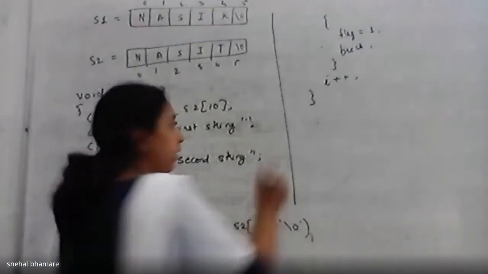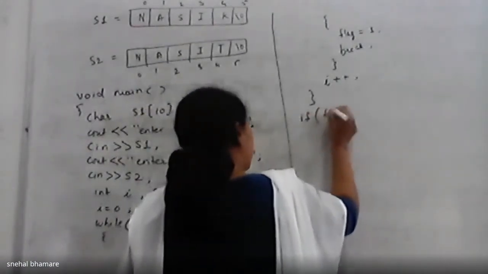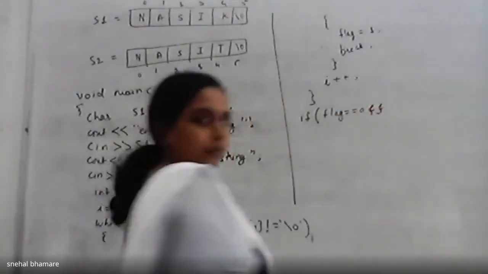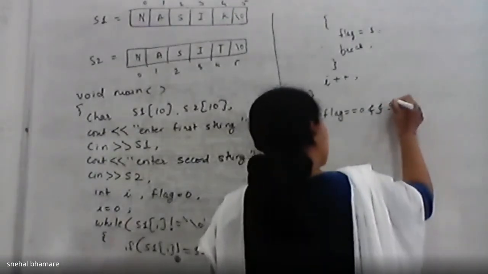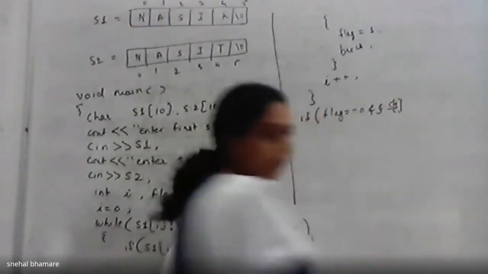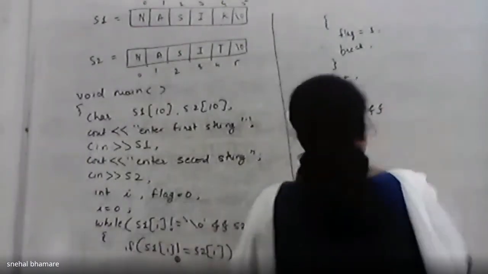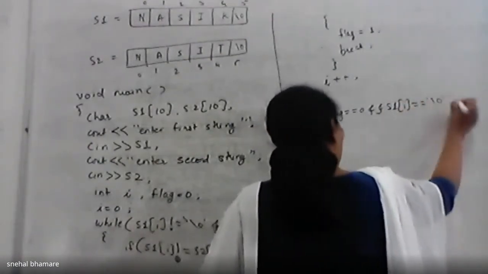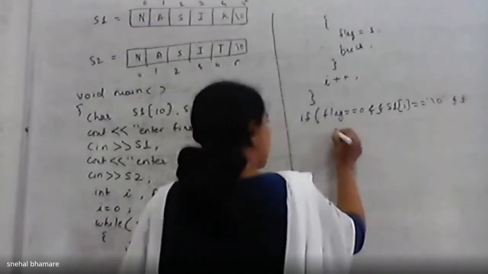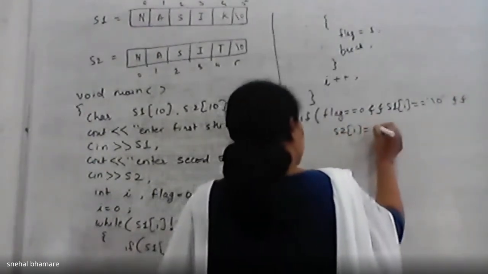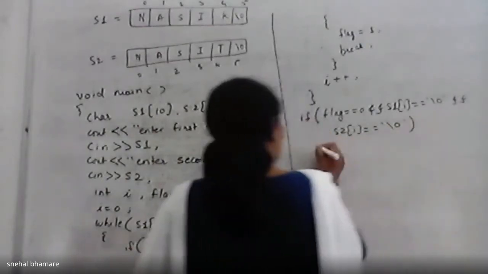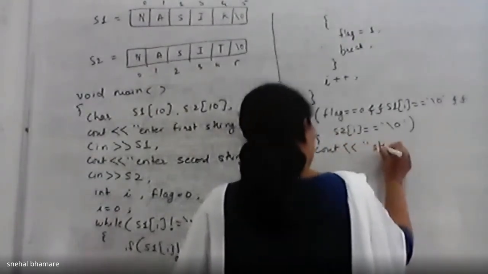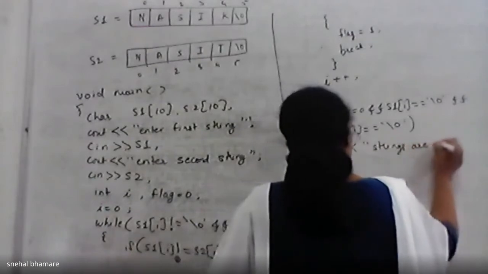Now, after the while loop, here you can check if flag is equal to 0 and S1 of i is equal to slash 0 and S2 of i is equal to slash 0, then cout "strings are equal".